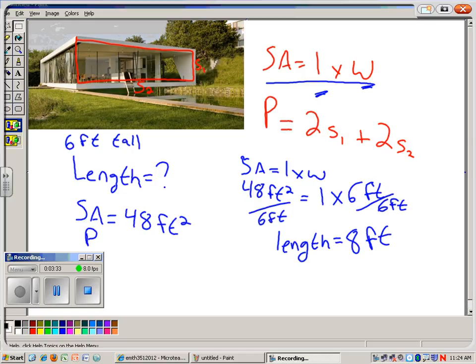So we have seen that surface area can determine the value of your length, but let's also go over perimeter. Let's check if they both work.